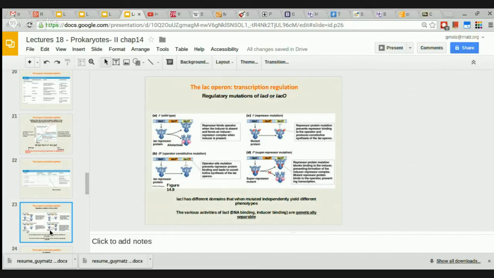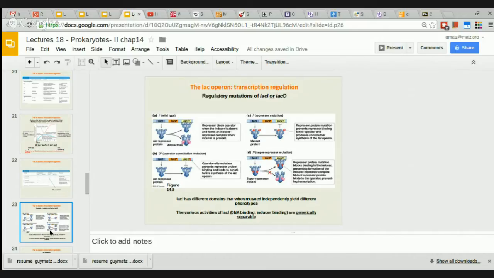So in the absence of glucose, you still see the operon is on, when it should be off in wild type. You also have mutations called super repressor, and these are mutations that lead to overexpression of LacI, and therefore it is bound at a higher frequency to lacO, and these are usually mutations that lead to uninducible phenotypes.